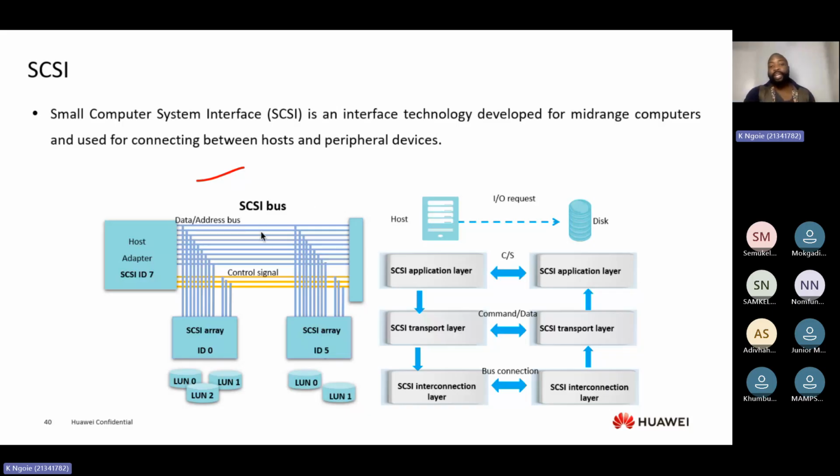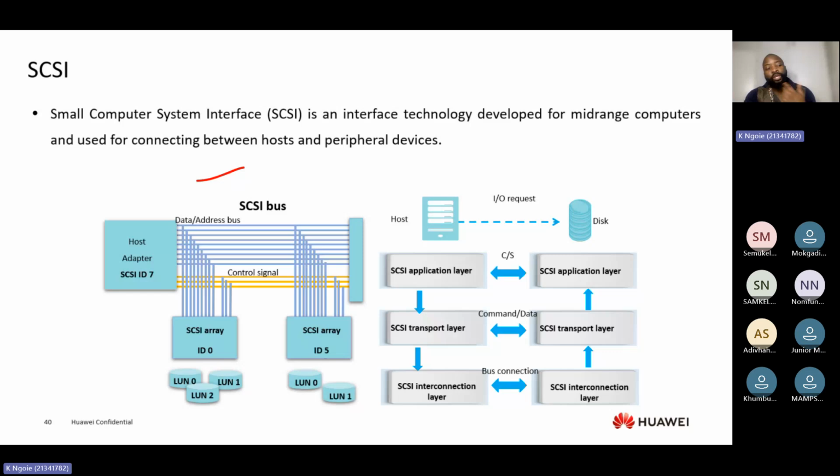So how it works is that SCSI will have a SCSI controller, right? The SCSI controller is basically going to function like a small CPU.